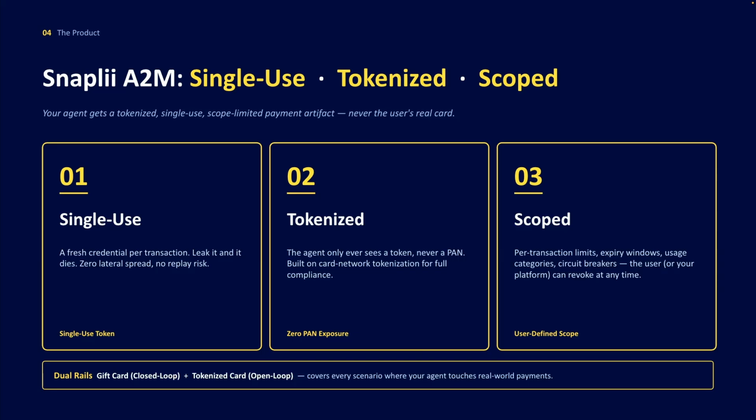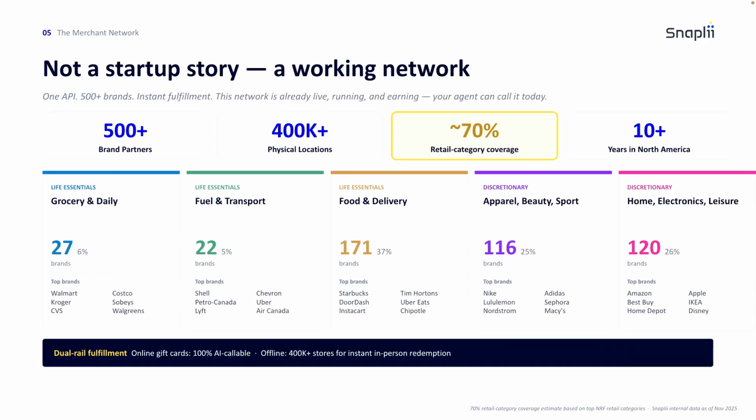With our solution, Snaply is a digital wallet. We can generate a single-use token per transaction and give it to the agent, so it's safer. The agent can use the token to shop at Amazon, Uber, and more; we already make it happen today.